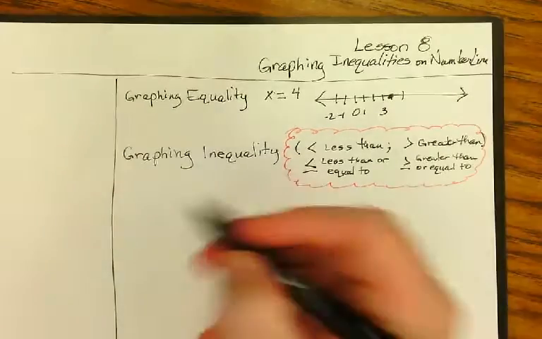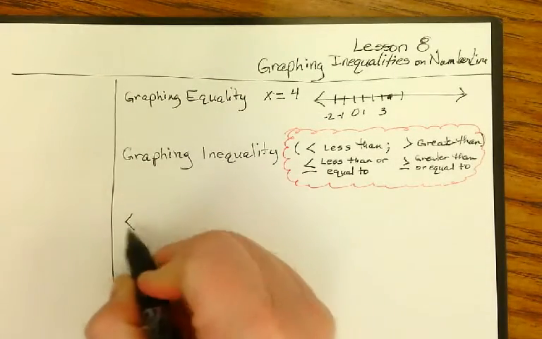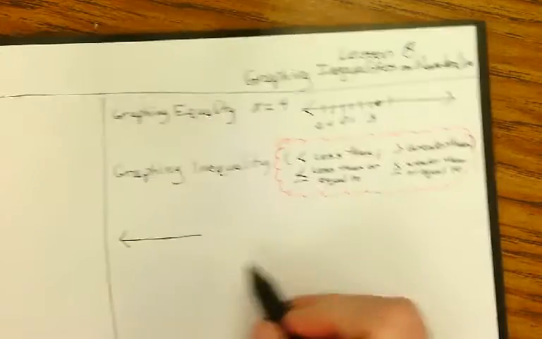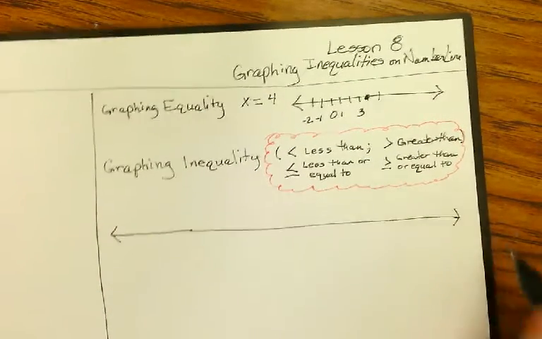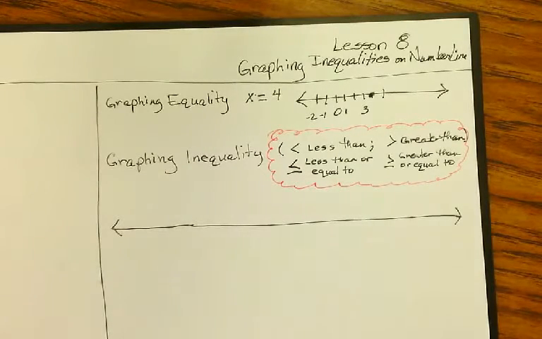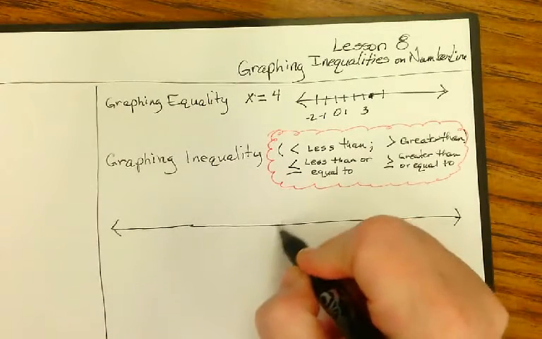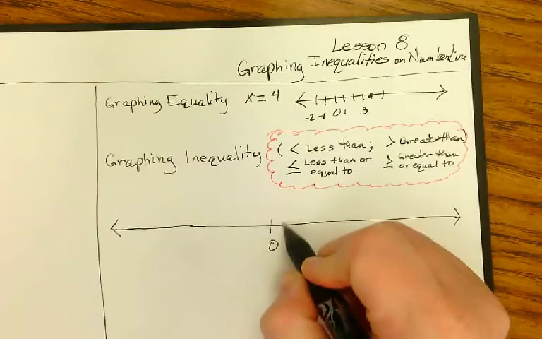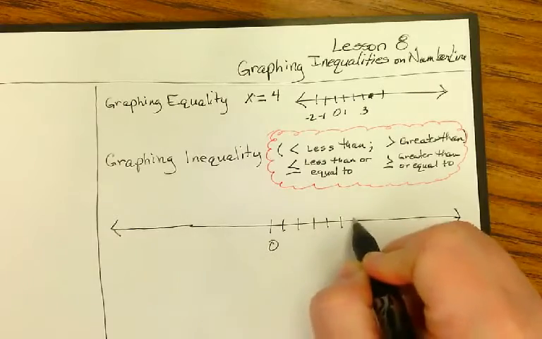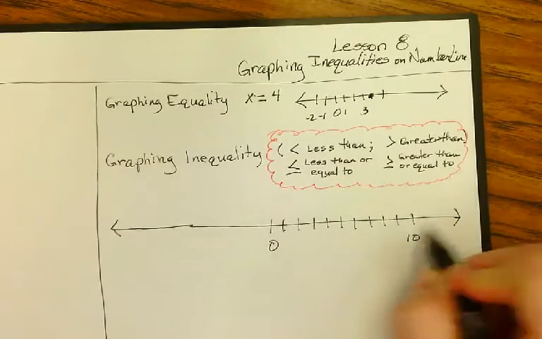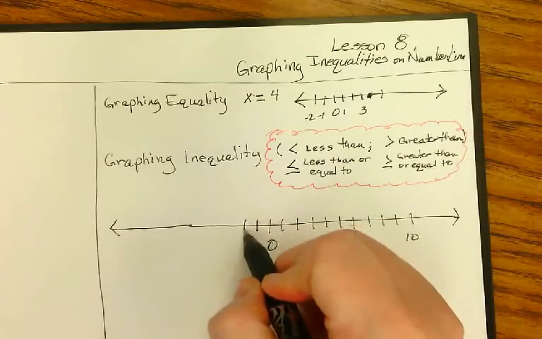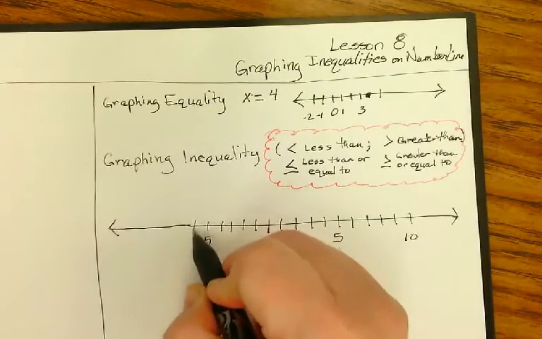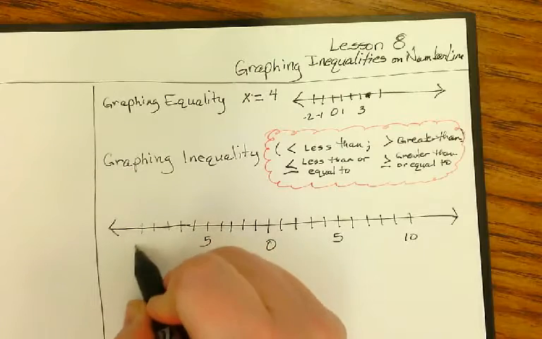I'm going to draw a number line. And here we go. So when we graph, there's 10, there's 5, okay?